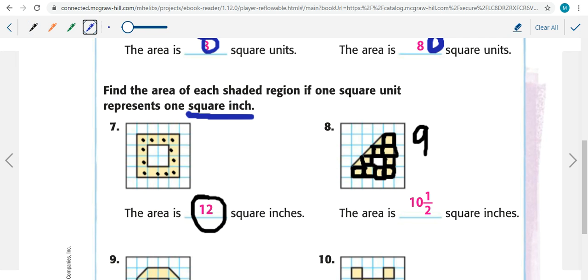Now we need to count the halves. 1, 2, and 3. Remember, if we have 2 halves, that makes 1 whole. So we have 9 plus 1 is 10, but we have 1 half left. So the area of this square unit is 10 and 1 half.